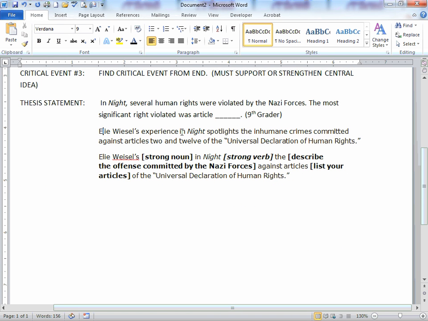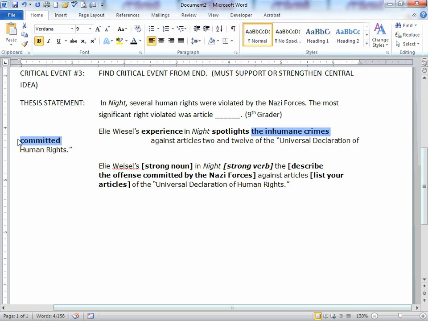Or Elie Wiesel's experience, strong noun, spotlights, strong verb, the inhumane crimes, description, describe the offense committed by the Nazi forces against Articles 2 and 12, list your articles of the Universal Declaration of Human Rights.